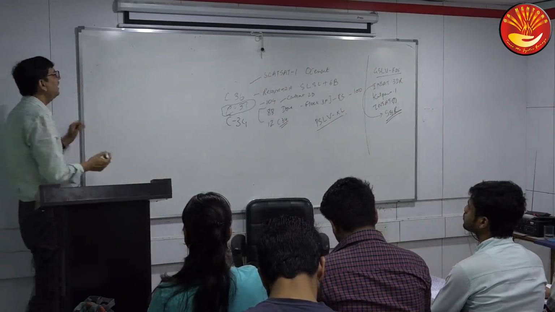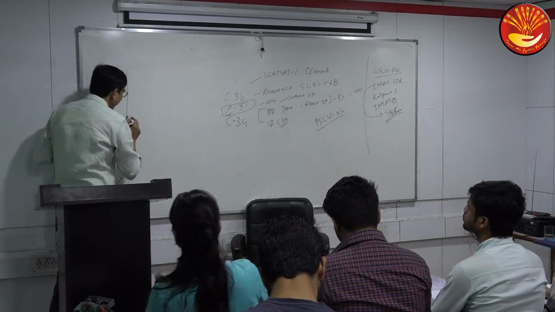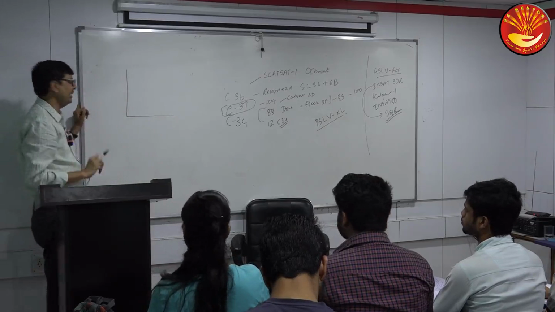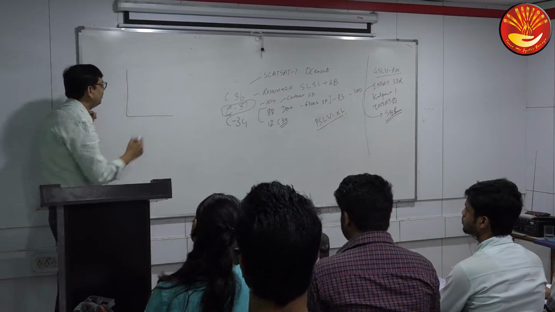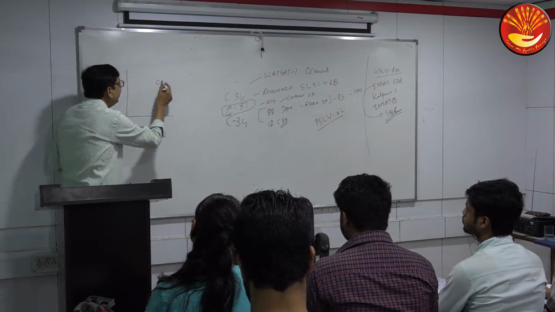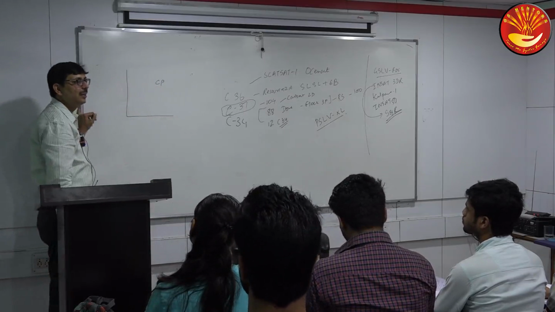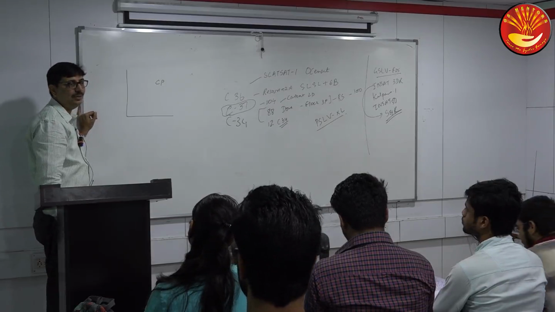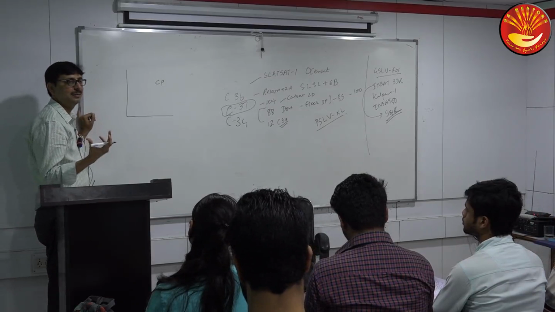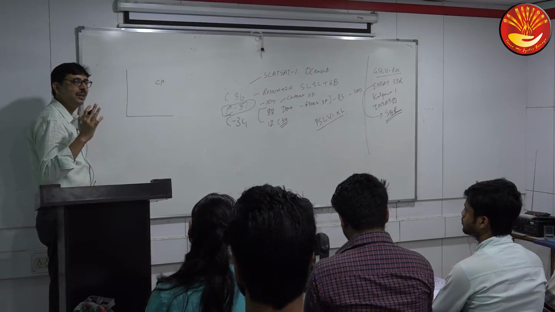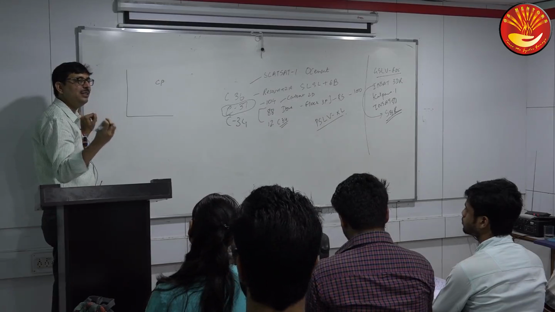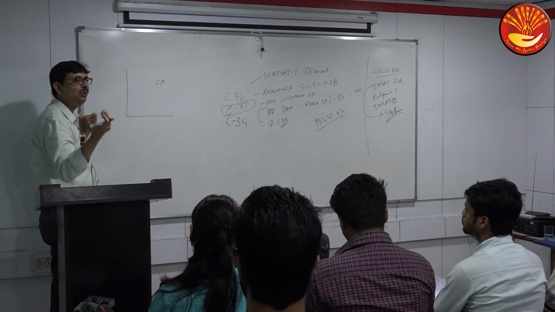Listen here. We have something known as the phase diagram of water. First, let's have a broad concept. In the phase diagram of water, there is something known as the critical point. Critical point means where water is neither liquid nor gaseous; rather, it is in a special state known as a supercritical fluid.